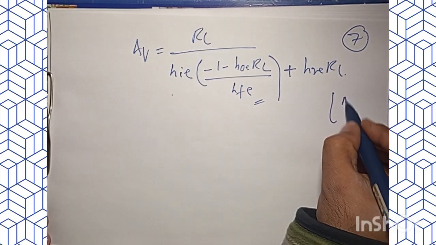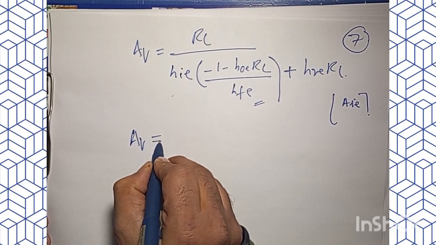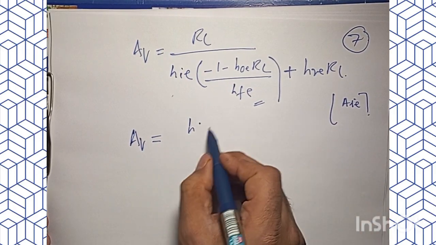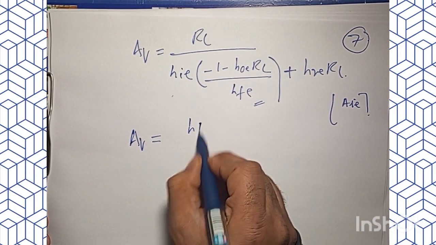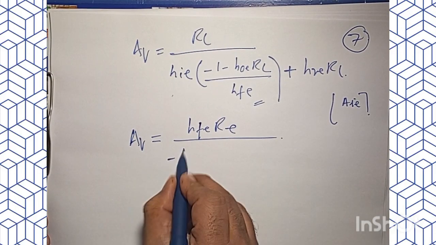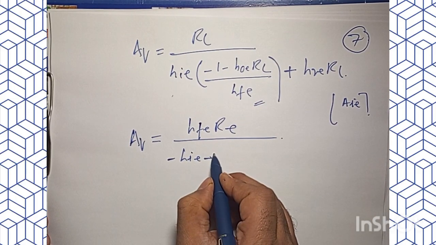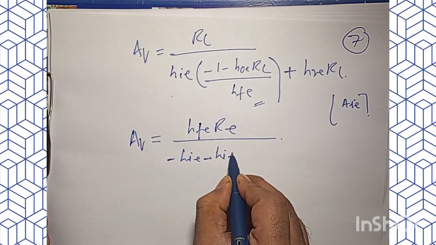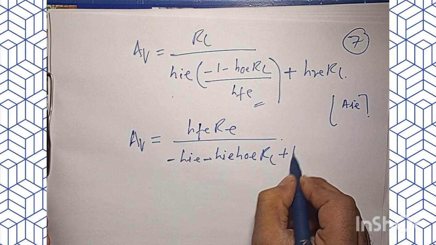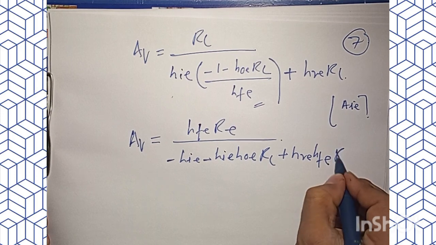So what we will get, taking the LCM, is HFE will go up, and then you will have minus HIE, minus HIE HOE RL, then plus HRE HFE RL.